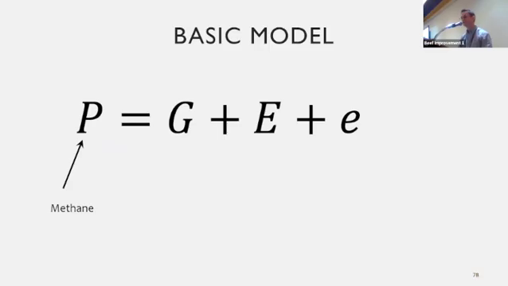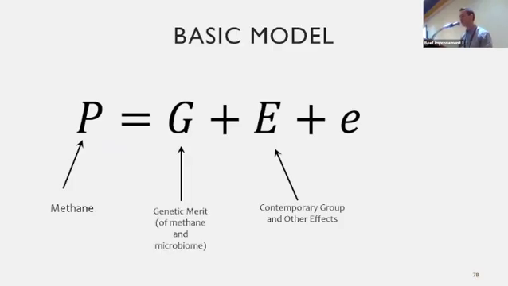So that brings us back to this very basic model. Now that we're thinking about modeling methane, the phenotype of interest, we still have this big E part, environment or contemporary group, which accounts for differences in the diets of the animals and whatever other systematic effects we think appropriately model.